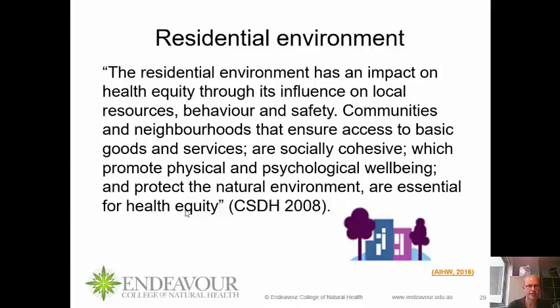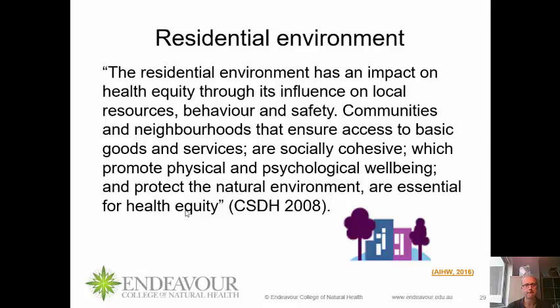So the residential environment, and this is the last slide for this particular part of this lecture. So the residential environment has an impact on health equity through its influence on local resources, behaviour and safety. Communities and neighbourhoods that ensure access to basic goods and services, are socially cohesive, and which promote physical and psychological well-being and protect the natural environment are essential for health equity.